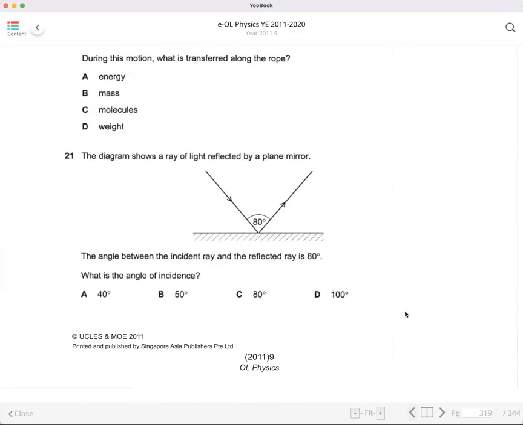Okay, I got my answer ready. Yiting, well done.